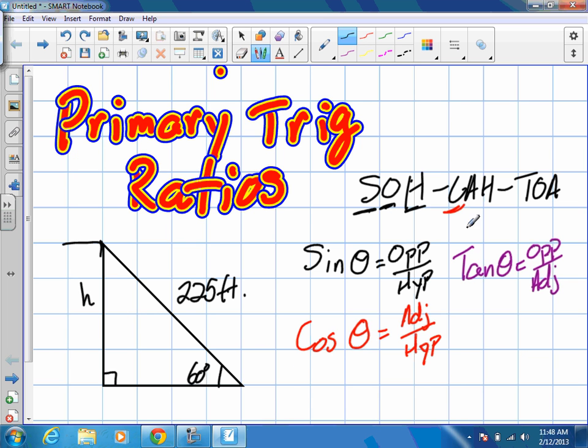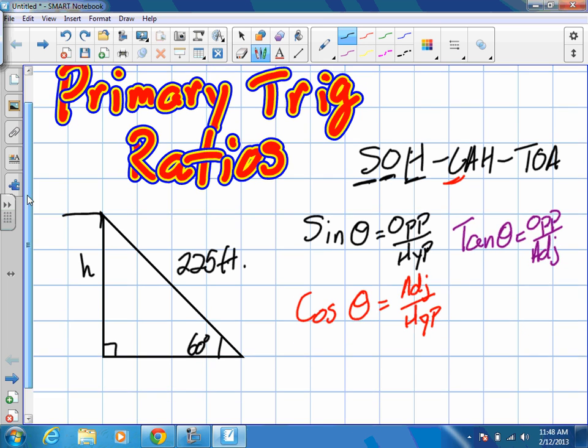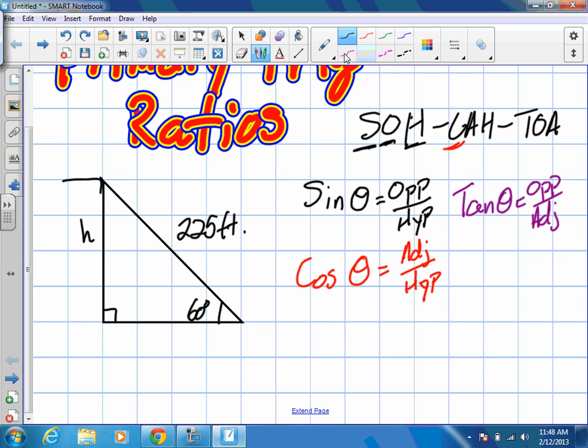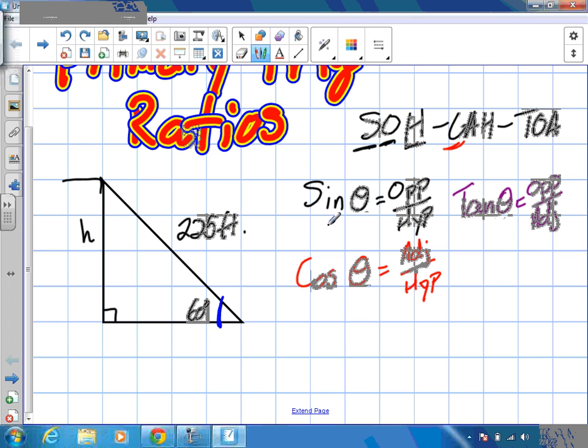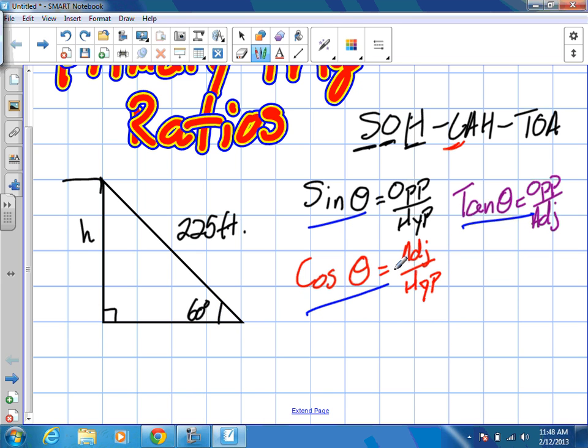What we're going to have to do is talk about what information in the triangle we have. Now, when we talk about theta in all of these ratios, we're talking about a known angle, hopefully. Okay? So the information we have is I have this angle here, which is 60 degrees. Okay? I'm going to try to set up all three of them, and then from there we'll be able to figure out which one will actually help us solve.